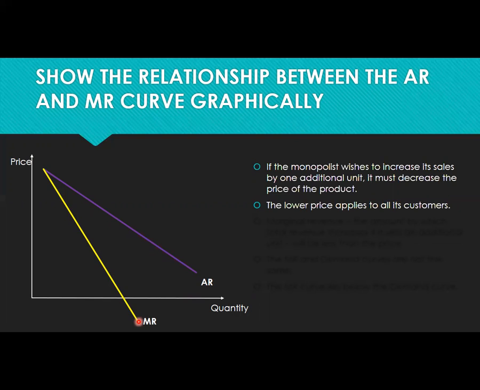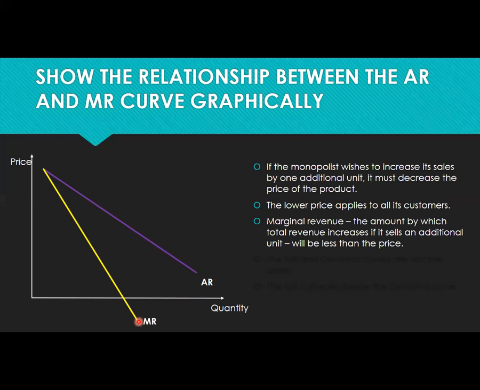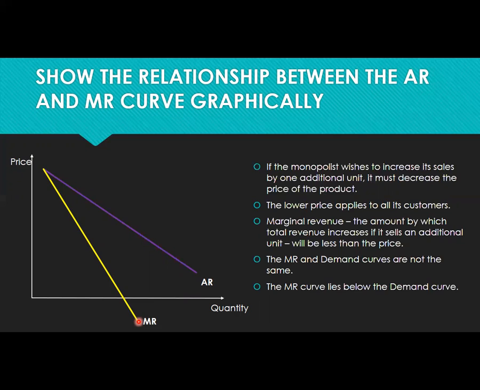They're not going to price discriminate and have some people pay a high price and other people pay a low price. Your marginal revenue, like I already stated, is the amount by which your total revenue increases by selling an additional unit, and it will be less than the price that you actually charge. Your marginal revenue and demand curves are not the same. Your marginal revenue curve will always lie below your demand curve or your average revenue curve.